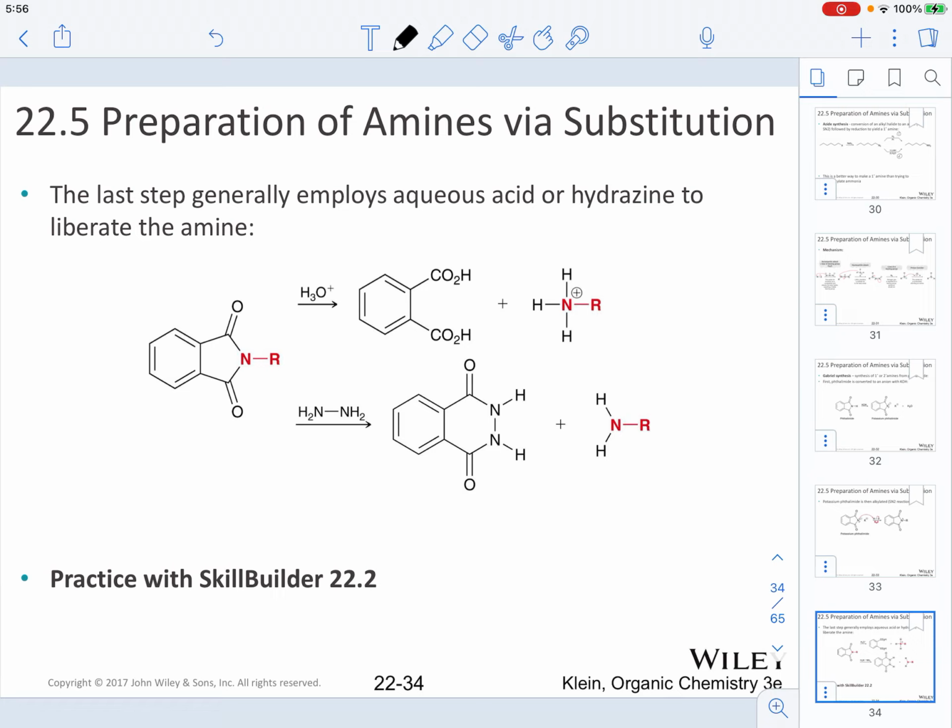Understand that when we have aqueous acid, what we create is an ammonium ion. And when we have hydrazine, it creates specifically the amine.